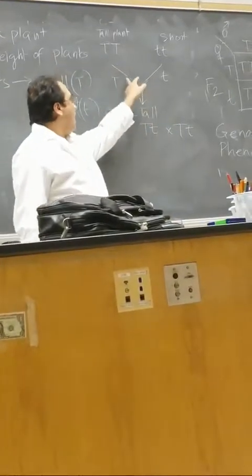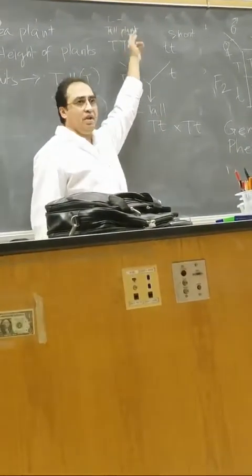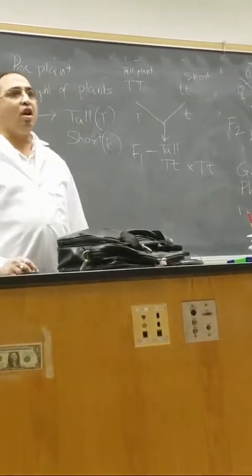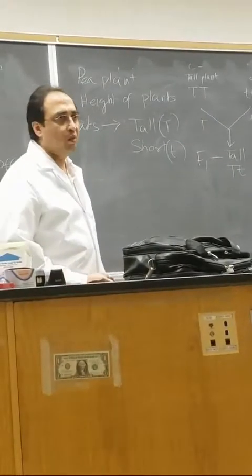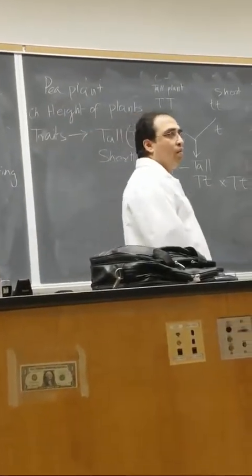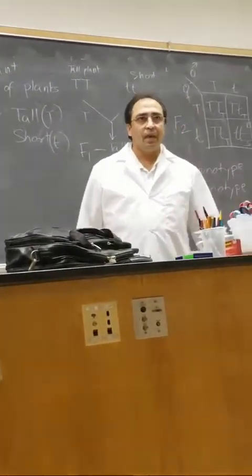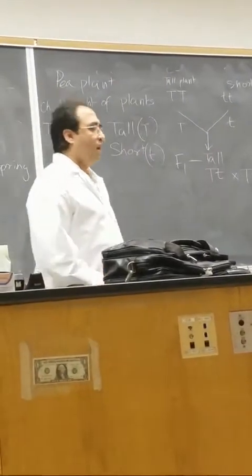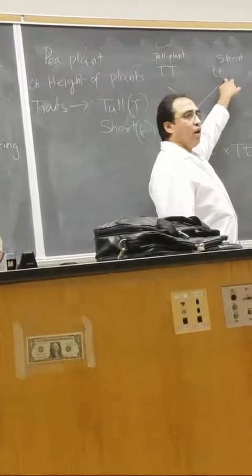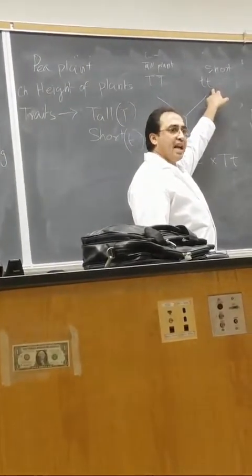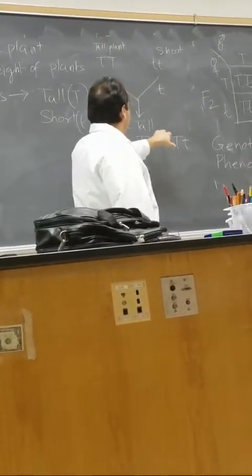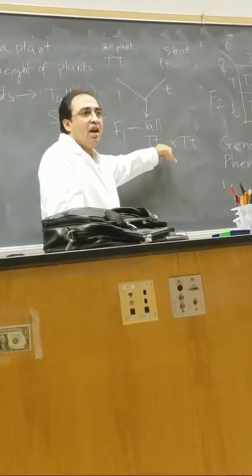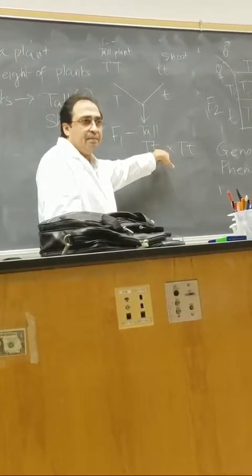Now, if this is in pure form with the two same genes, this is called homozygote or homozygous condition. Homo means same. So both of these are homozygous. But this one has both genes together. This is called heterozygous.